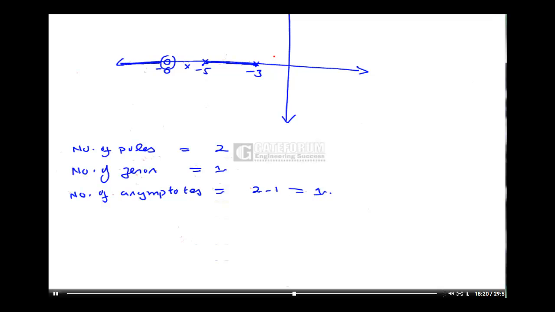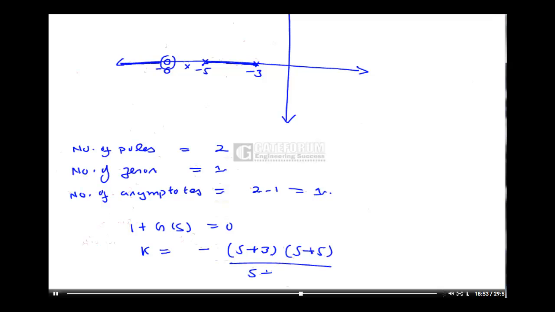Okay, so we have to find the breakaway point and break-in point. Breakaway point means when the two poles come together and move apart, and break-in point is the point at which the two poles are coming in and then moving apart. Okay, so for finding the breakaway point, since it is a unity negative feedback system, 1 plus G(s) equal to 0, so K equal to minus of (s plus 3)(s plus 5) upon (s plus 6).